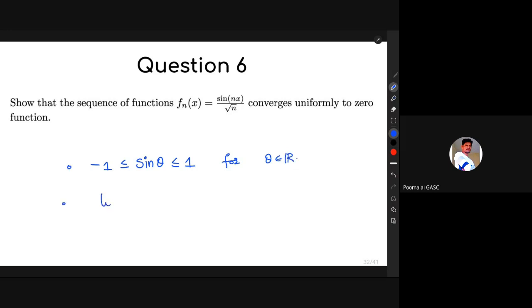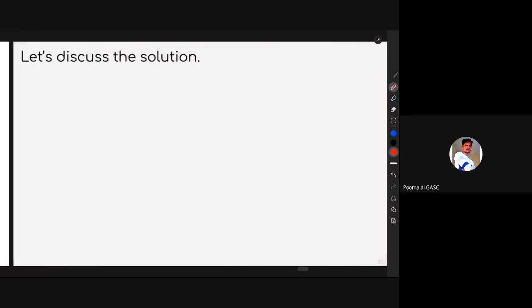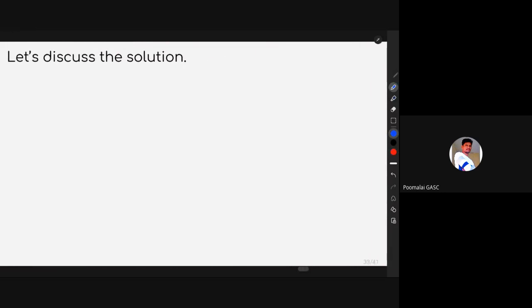The second part that I'm going to use is that the limit of 1 over n square root of n is equal to 0 as n tends to infinity. These are the two facts that I'm going to use. So first, let epsilon be a positive number.